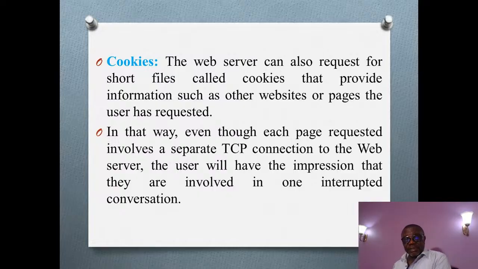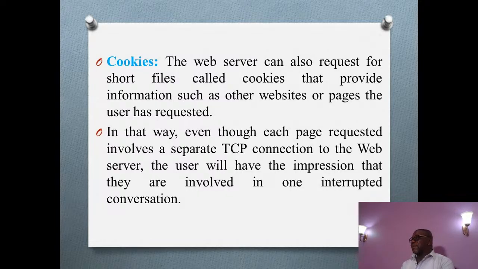So cookies. In fact, sometimes you start your system, it will ask you whether you want to enable cookies. So what are these cookies? The web server can also request for short files called cookies that provide information such as other websites or pages the user has requested.